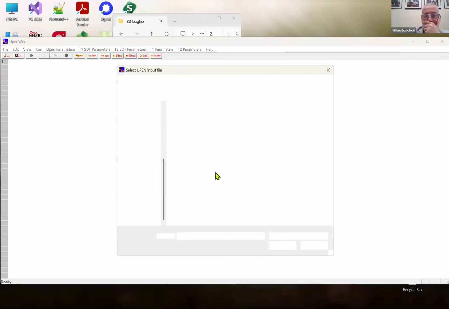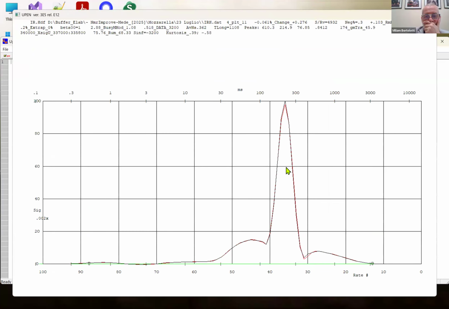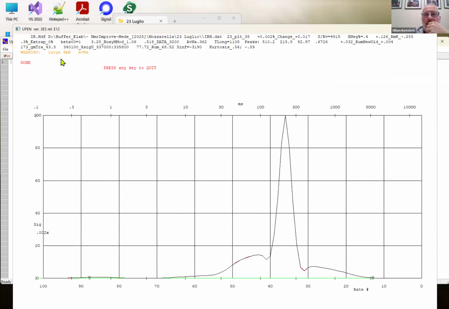Now we can process also the inversion recovery. And we obtain this. In this case, you see, you have very few warnings. This one is typical because it's a specific procedure implemented in Open with an algorithm in order to detect errors. And there is just a large noise, RMR.